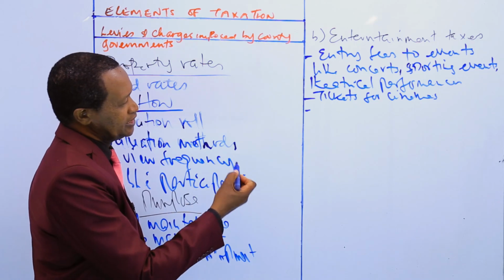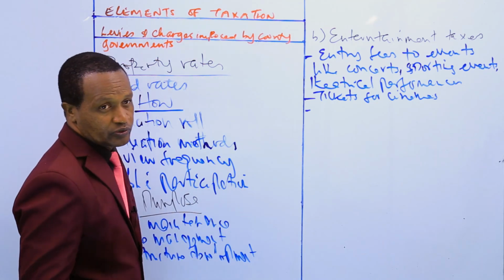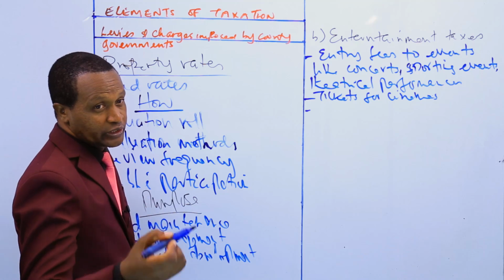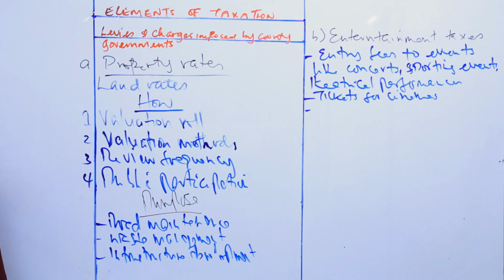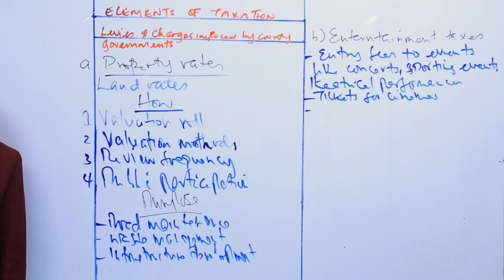This power is derived directly from the Constitution. That is the legal basis for entertainment taxes levied by county governments. And revenue generated from entertainment taxes contributes to the county's own source revenue, which is then used to fund various county services and development projects.